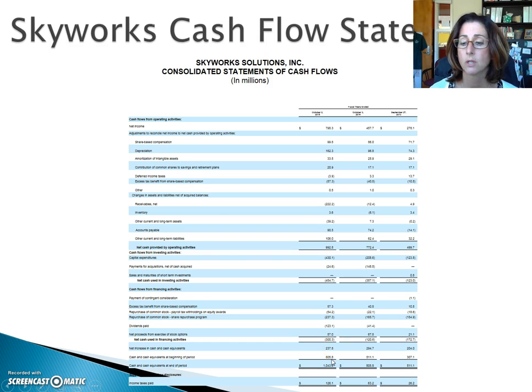So the 800 that we had at the beginning of the period plus the 237 of cash that was generated during the period gives us our ending period balance of $1 billion of cash. Okay, and you can see the ending period from fiscal year 14 is the same thing as the beginning of fiscal year 15. And that is the cash flow statement.